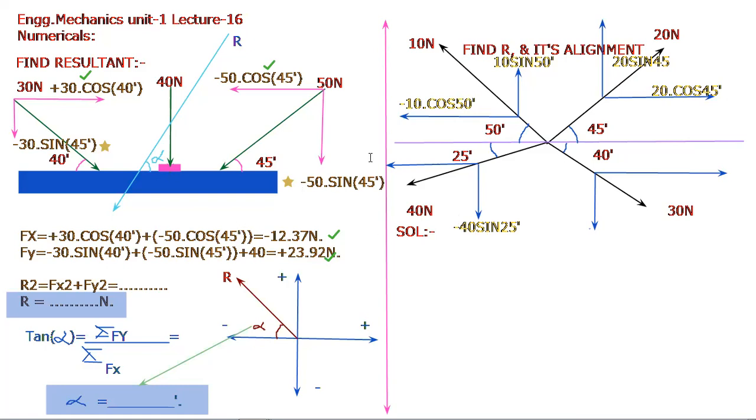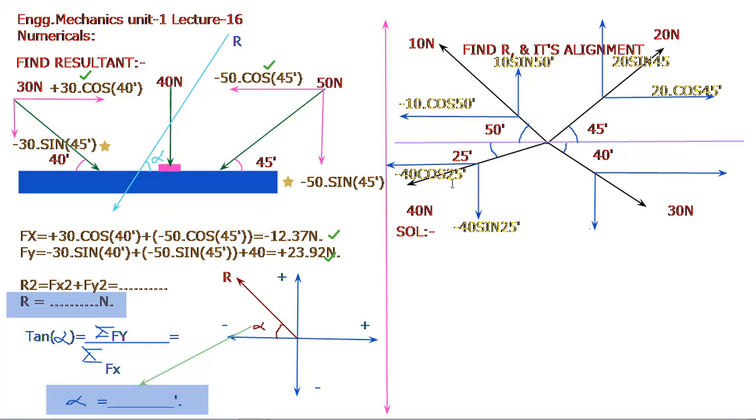After that, again you have to write minus 40 cos of 25 degree for negative x-axis.